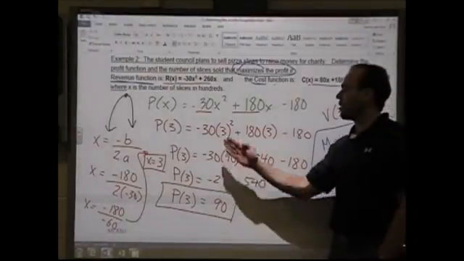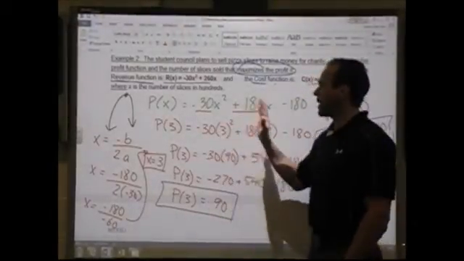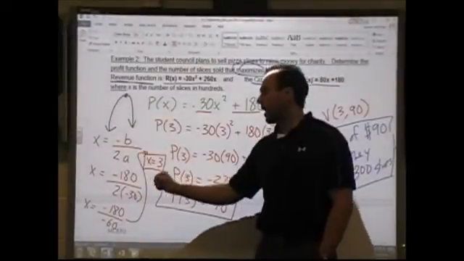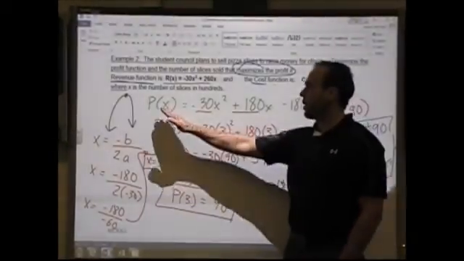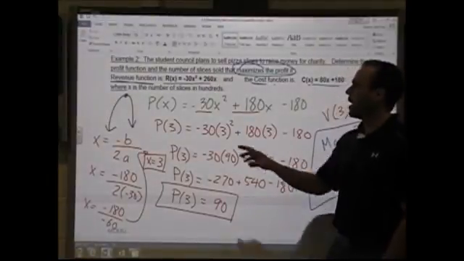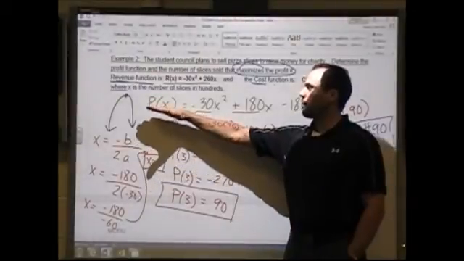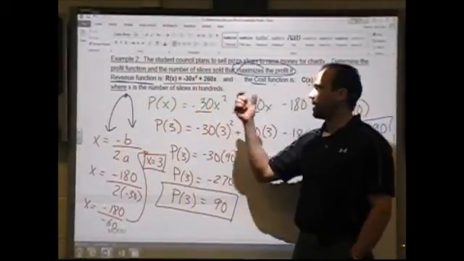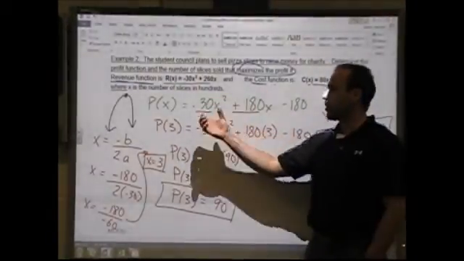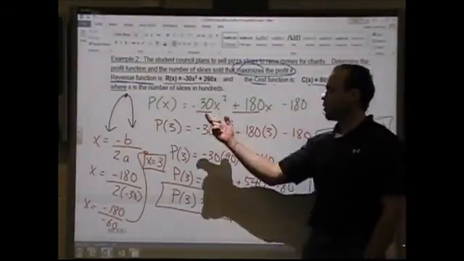Again, the other option would have been to complete the square. But it's very important that you know this for your test, because I've seen test questions and quiz questions that talk about profit. Now, if they give you the profit function already, that's great. But if they don't, and they give you what revenue is and what cost is, you better know that profit is going to be revenue minus the cost. You have to understand what revenue is and what cost is for running a business, and what the profit is.